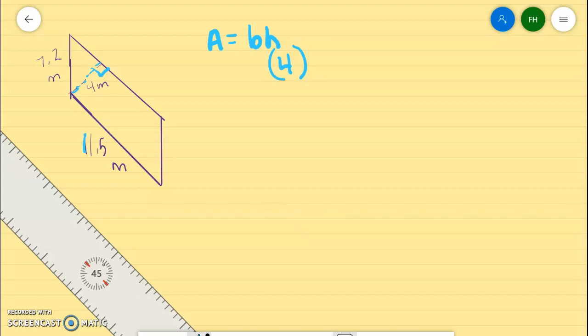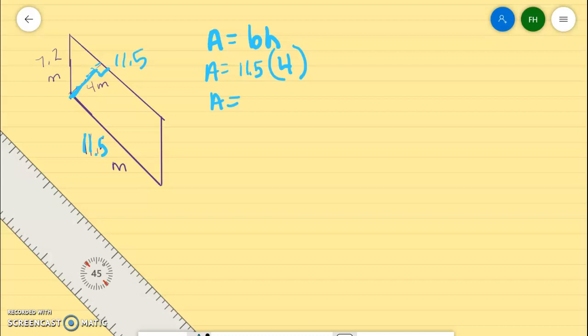Well, if this is 11.5, then this line is connecting from this side to this side, which is 11.5. So your bases are 11.5. Because in a parallelogram, the bases are the same.